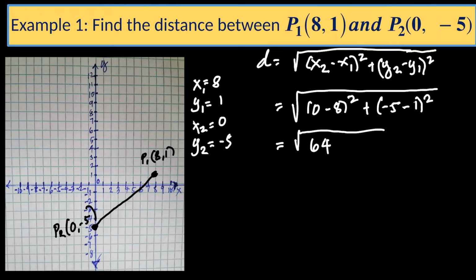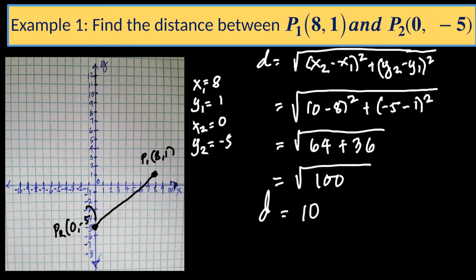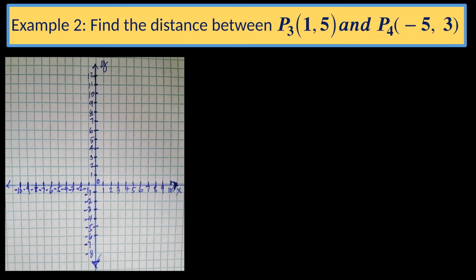And negative 5 minus 1 is negative 6, squared is 36. 64 plus 36 gives us 100, and the square root of 100 is 10. So the distance between point 1 and point 2 is 10 units. So this is our answer.